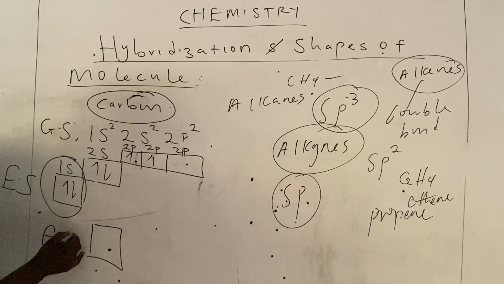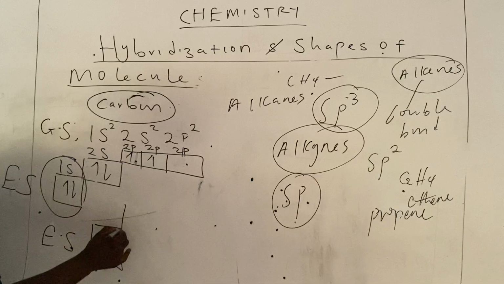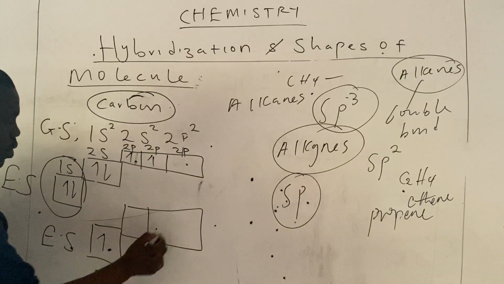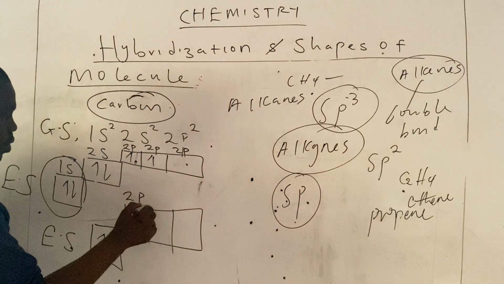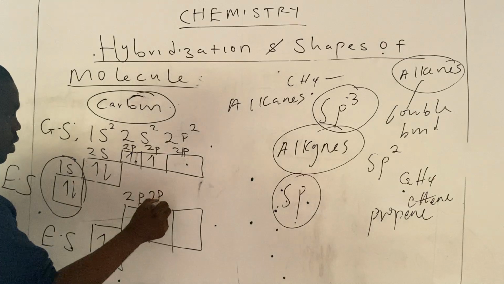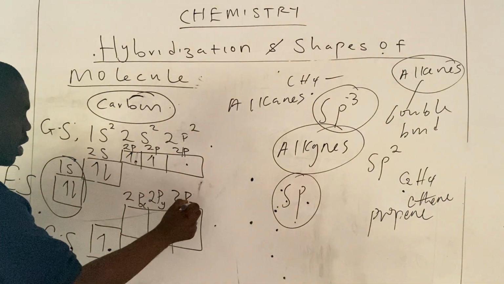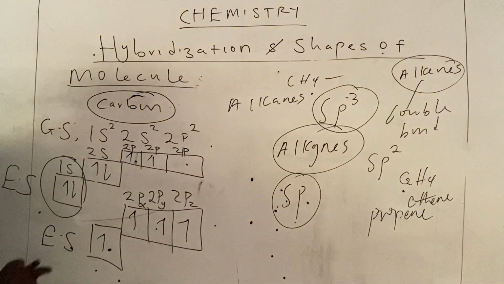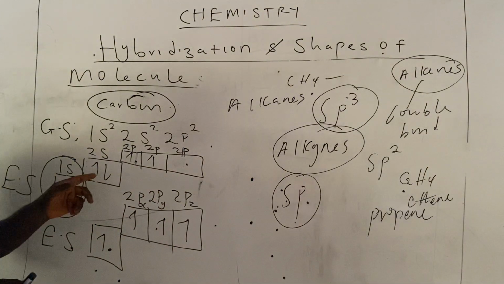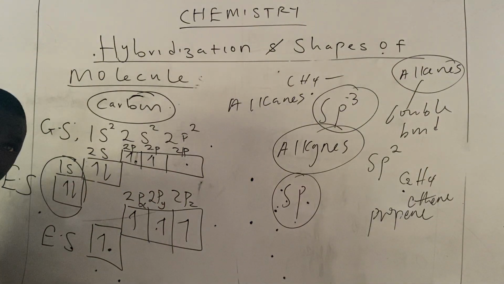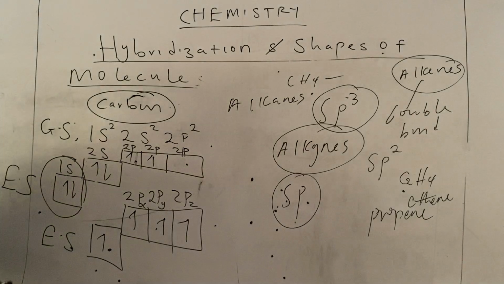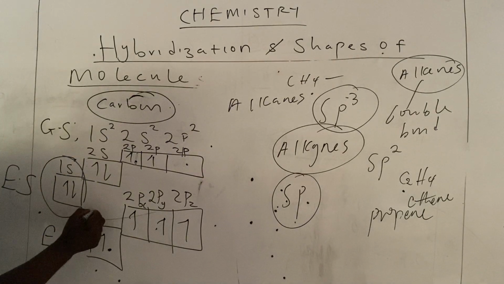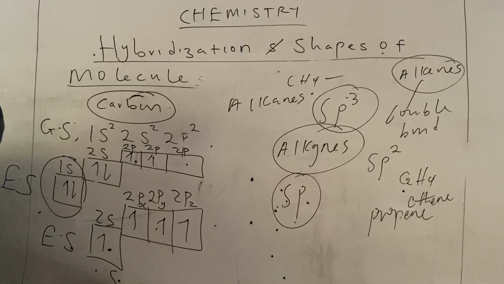This is what happened at excitation. 2py and 2pz. This place becomes filled with something. The one here has disappeared. And so you have 1s here, 2s here. So it becomes 1s, 2s. How many p? 3p.